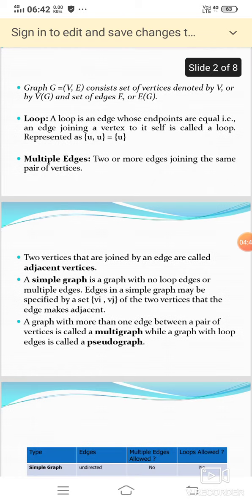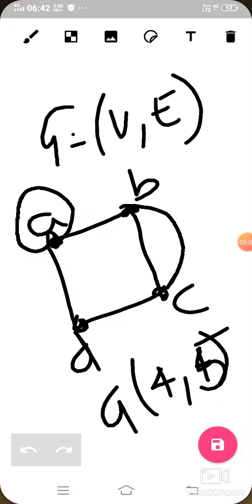A graph with more than one edge between a pair of vertices is called a multigraph, and a graph with a loop is also called a pseudograph. The graph which we have discussed, as I told you already, is not a simple graph. Why?